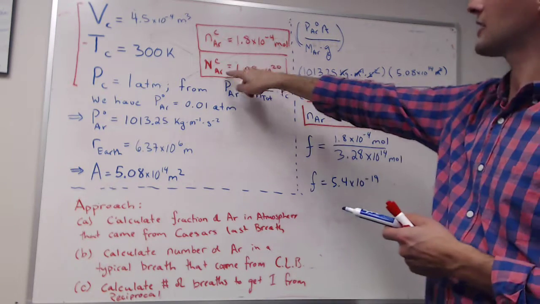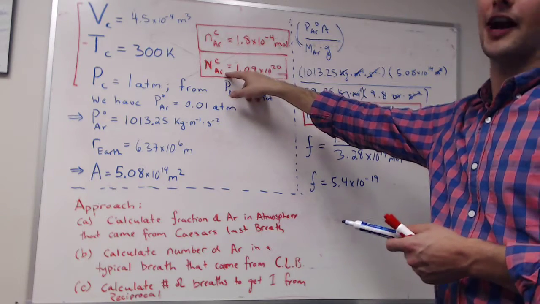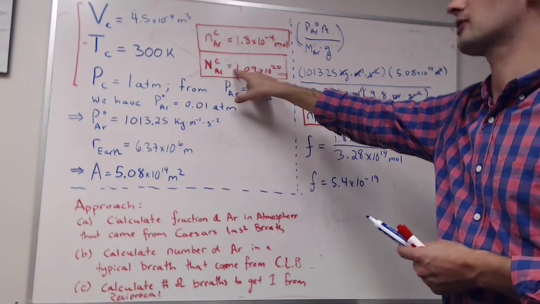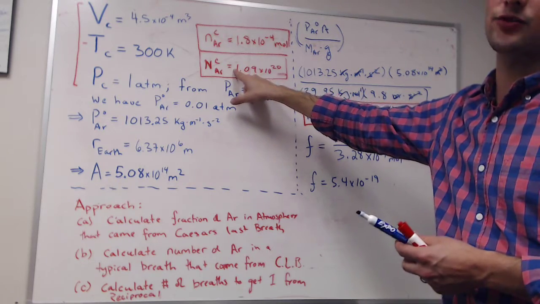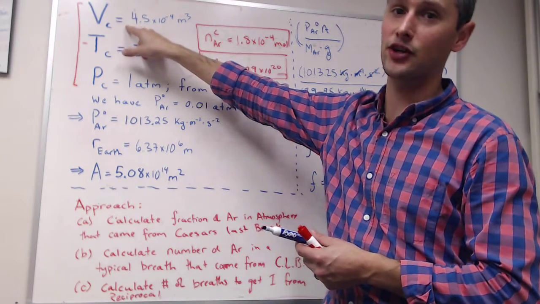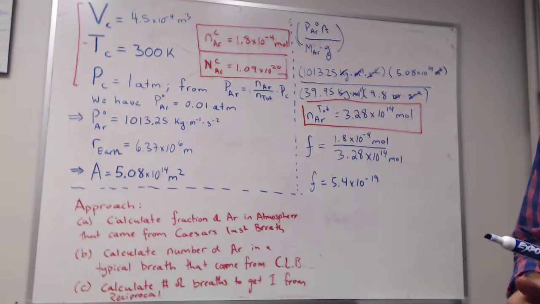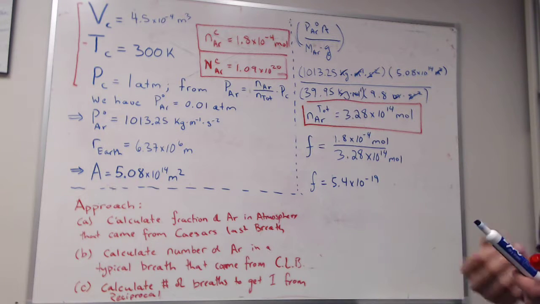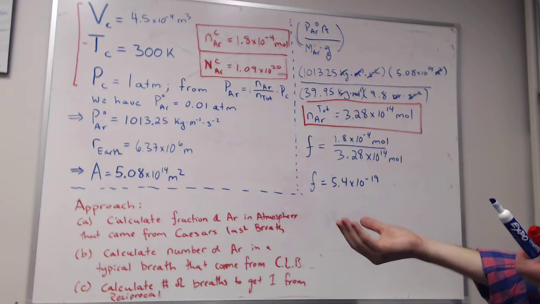So why am I using the same number? Well, I'm going to assume, and I think it's a relatively good assumption, that the same number of atoms of argon that Caesar breathed in a 450 centimeter cube breath will be the same number of argon atoms that we breathe in the same volume breath. And the reason being is that the pressure of the atmosphere has not changed.